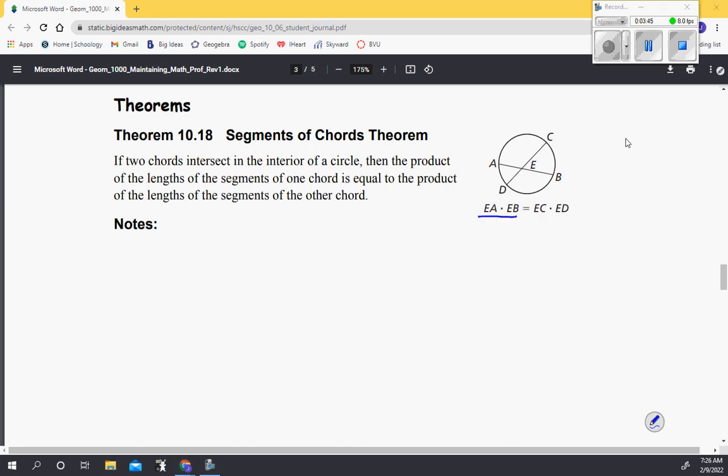EA times EB is always equal to EC times ED. So stick with one segment, multiply those two together, and set it equal to the other segment being multiplied together.